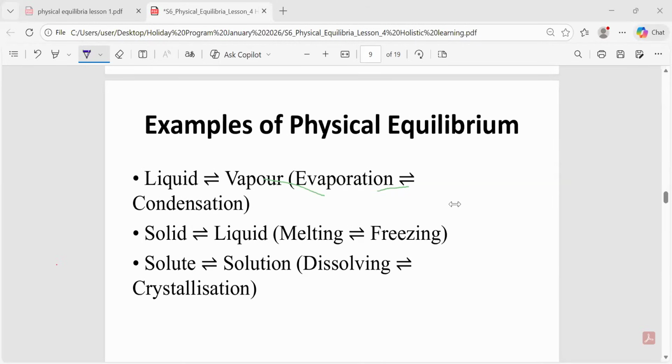In this equilibrium, there's no chemical change. It only involves physical changes like those of solubility, or a solid changing to a liquid. And we all know that it's like a phase, because there are different phases.